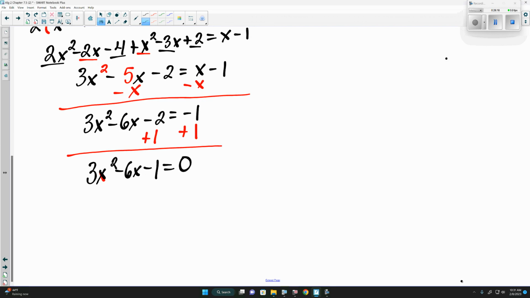Any questions how we got to this point here? Well, I can tell you most certainly this thing is not going to factor. So the easiest thing we can do is use the quadratic formula to find the solutions of this here.